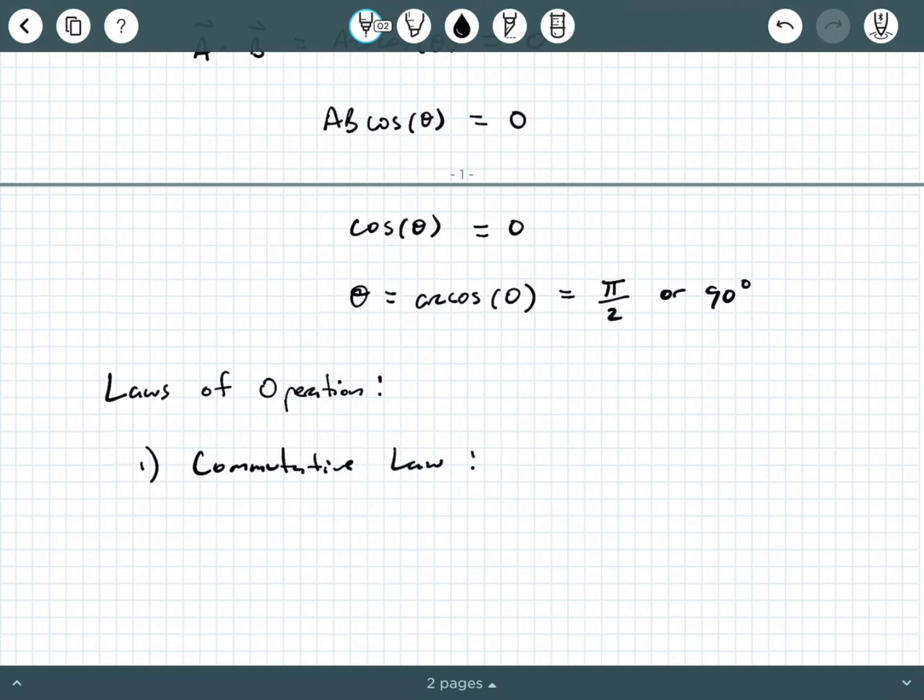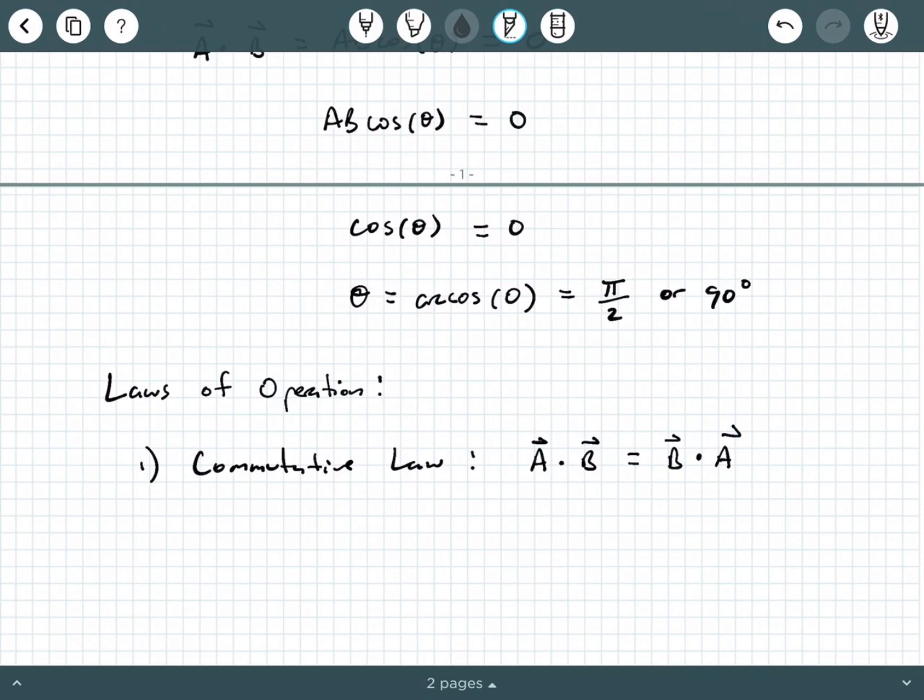Commutativity in mathematical operations means that when you multiply two things together, it's equal to the same thing as if you multiplied them in the other order. So A times B equals B times A, or more specifically, A dot B equals, look at that, I said B dot B, that's not right. B dot A. Sorry, back up one second. So what we're saying is A dot B is the same thing as B dot A, okay?